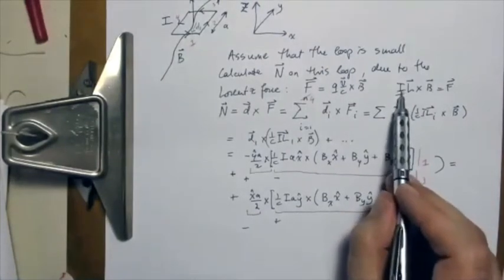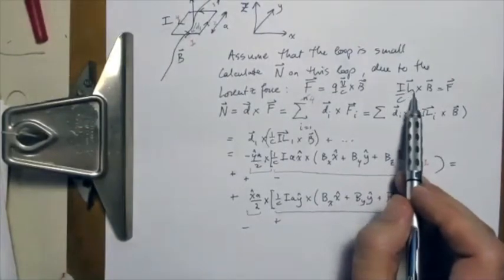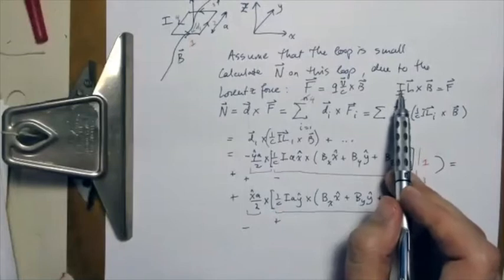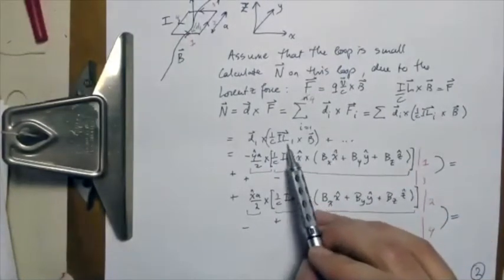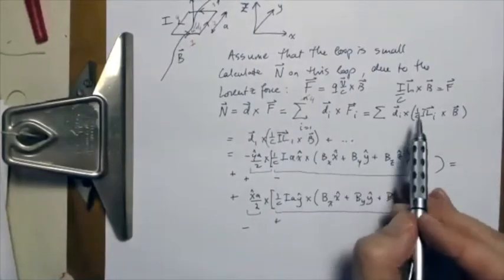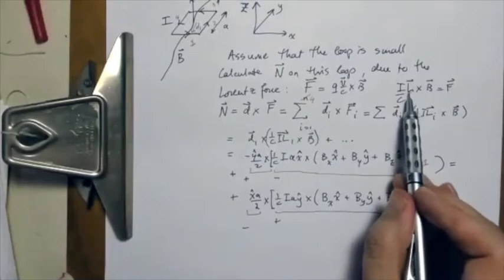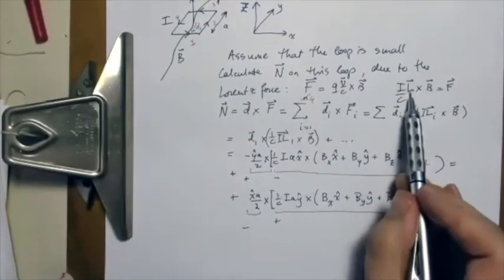I made a comment earlier that I and L, of course, go together. L is a vector that points in the direction in which I is flowing. So that's why sometimes you'll catch me drawing it like this, because that's usually how I think about it. It makes sense to do it that way, because that's really what velocity means.